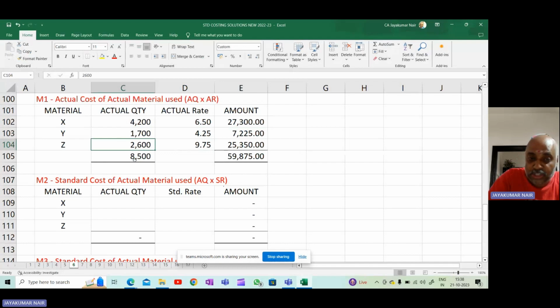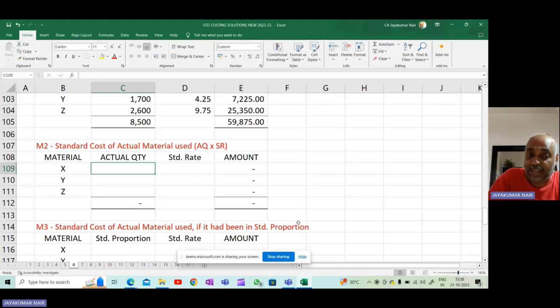And 2,600 kg of Z you have used, at 9.75 per kg, gives 25,350. So the total is 59,875. So the actual cost of actual material used is 59,875.